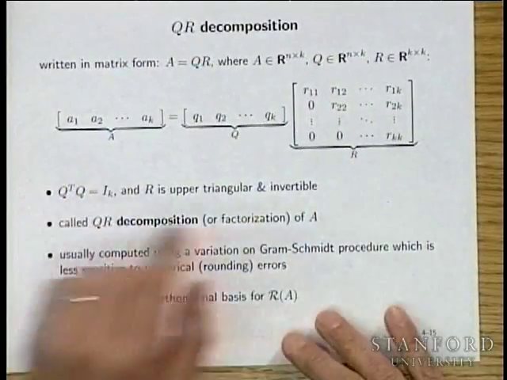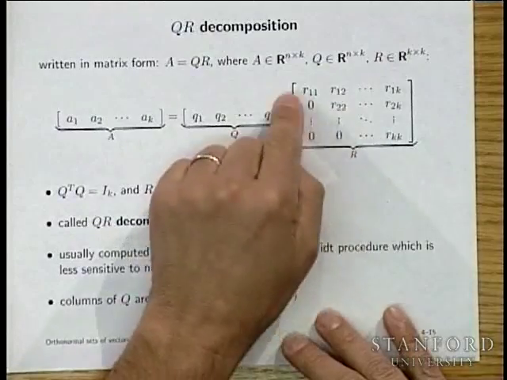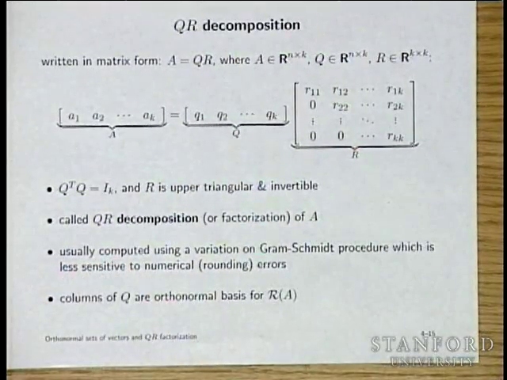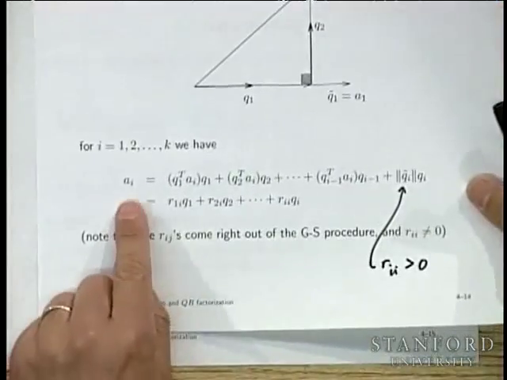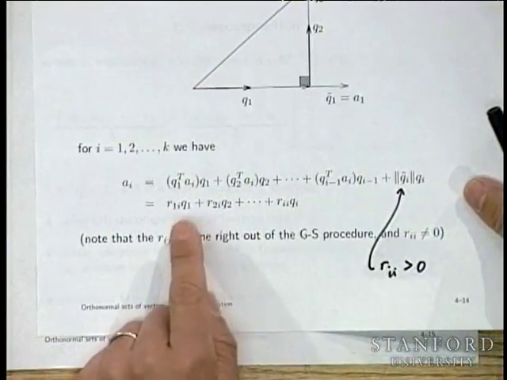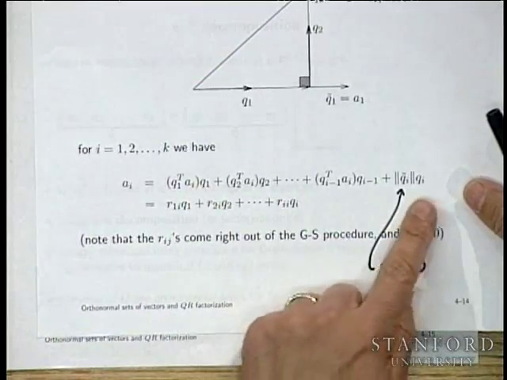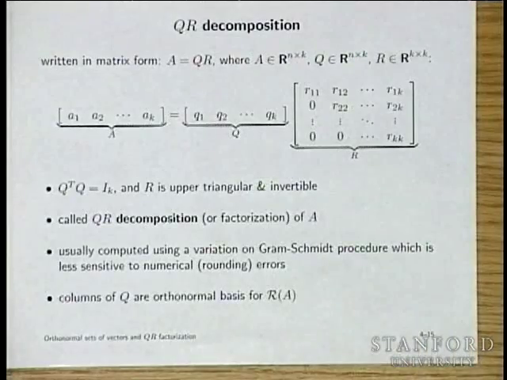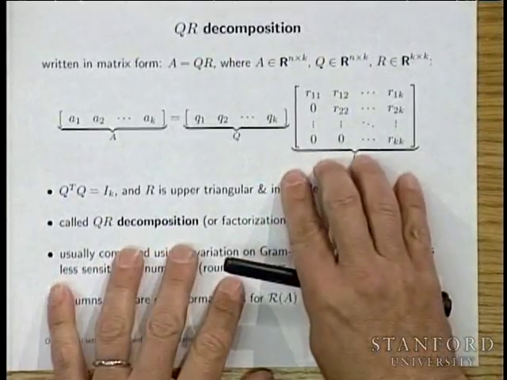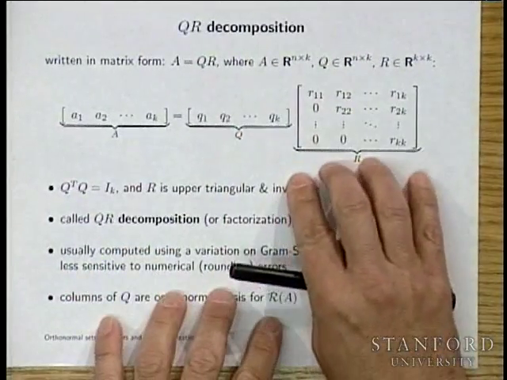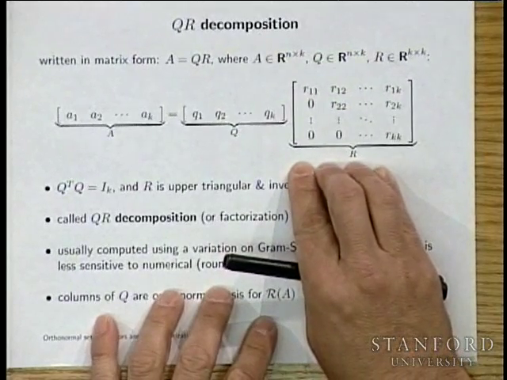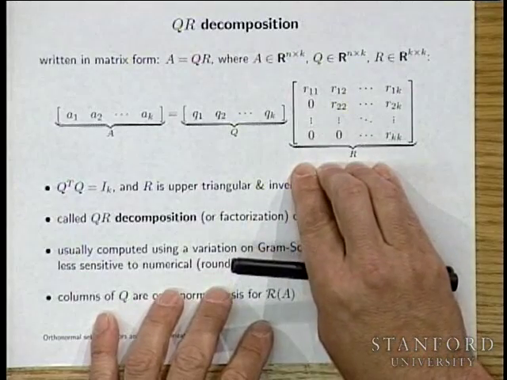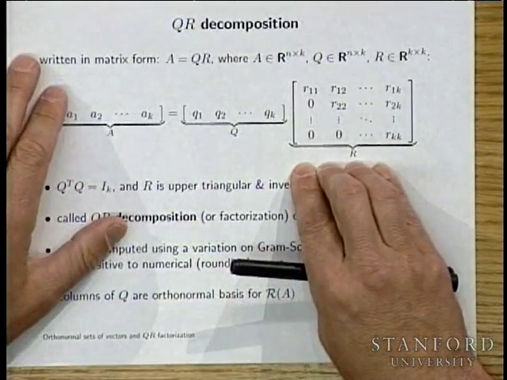That's the picture. The fact that R is upper triangular comes from the fact that when you apply this procedure, you express Ai only as a linear combination of Q1 up to Qi. It doesn't involve Qi plus 1, Qi plus 2, and so on. There's sort of a causality here, which is what you should think of automatically when you see an upper triangular or lower triangular matrix. Suitably interpreted, it has a meaning something like causality.